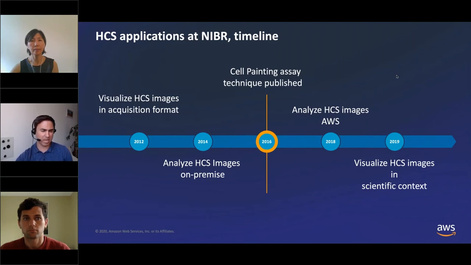Over time, that became a pain point for people running the assays because they were completely absent the assay context, where you're relating things like sample metadata and other imaging metadata. So we built another app also native to Amazon to enable users to view these scientific images in a scientific context. So we'll talk about that.